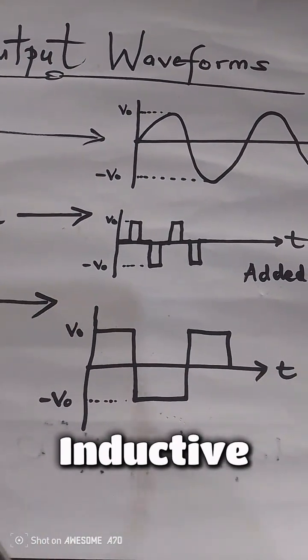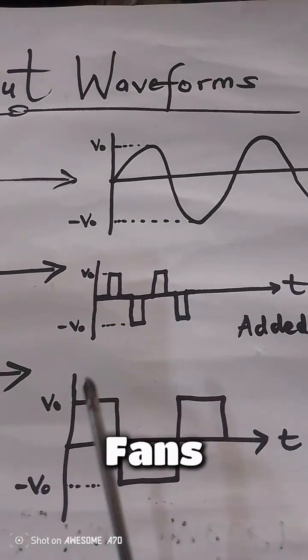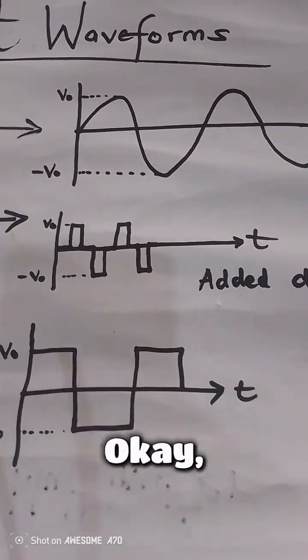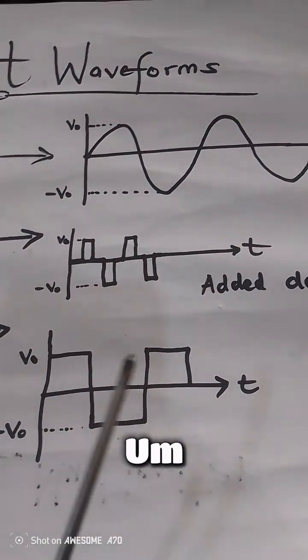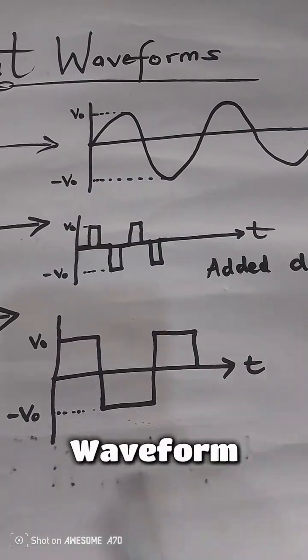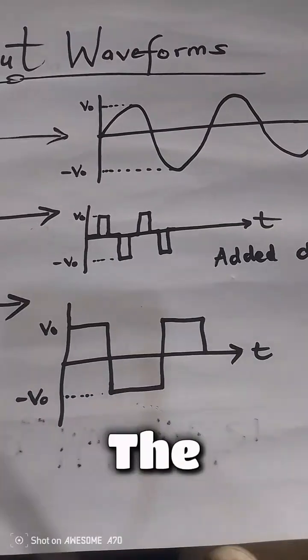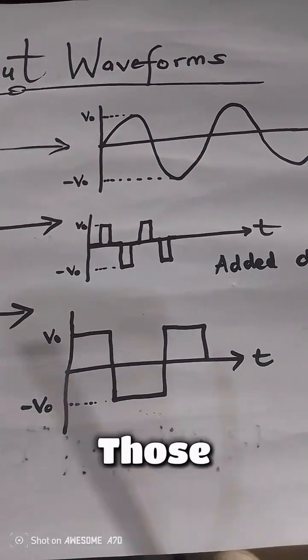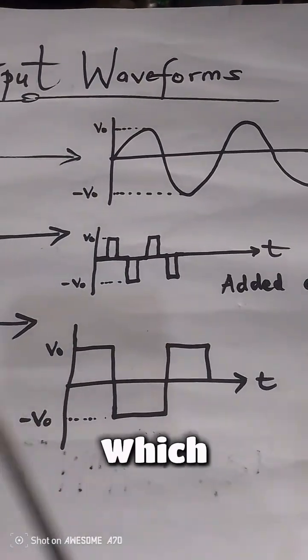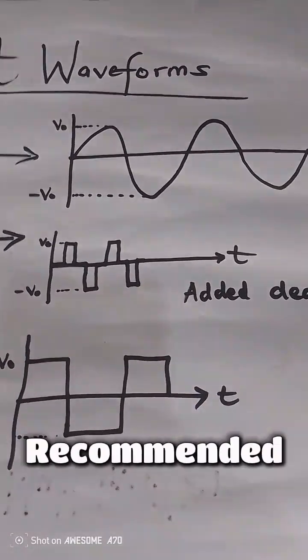Inductive loads, like your electric motors, your fans, your fridge compressors, don't perform well with a square waveform. In fact, heat is generated on the windings of those motors over time, which can reduce their performance and lifespan. So this is not recommended at all.